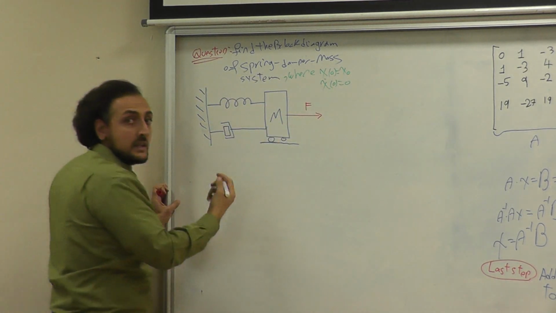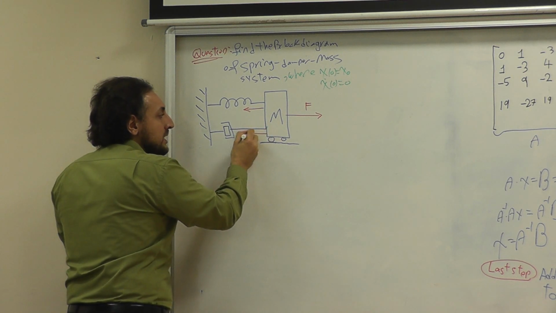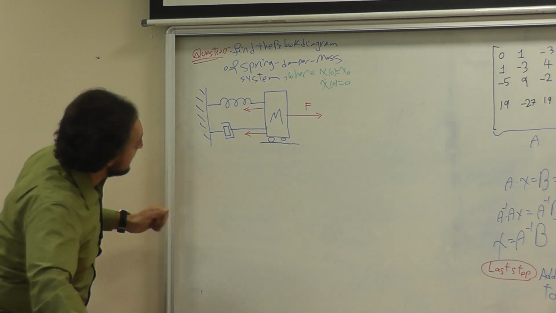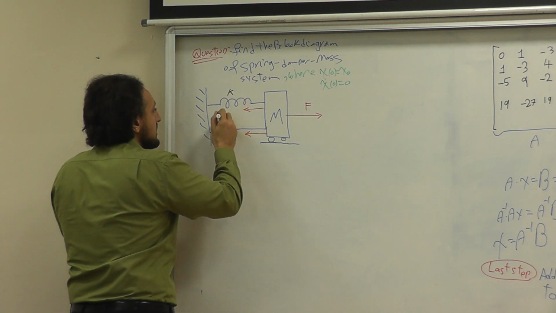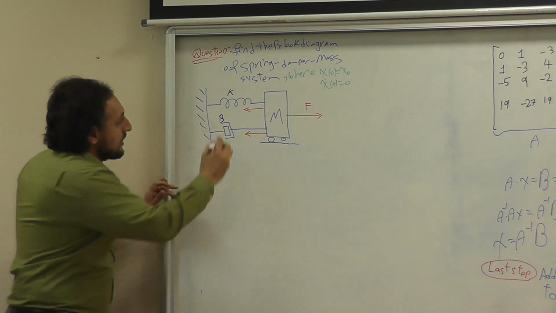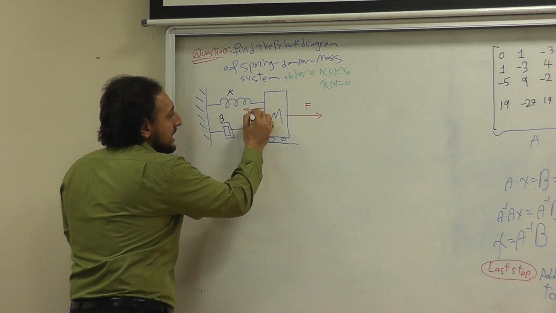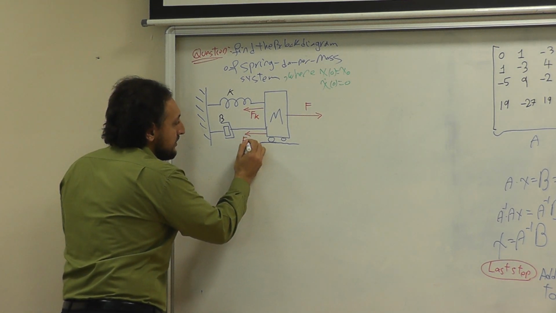What is reaction? It is the opposite way, right? It will be opposite way. But let me write here, this is car and this is bed. So what is the force here? It will be Fk, spring, and this it will be Fb.